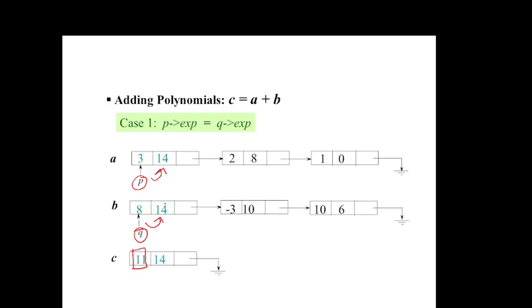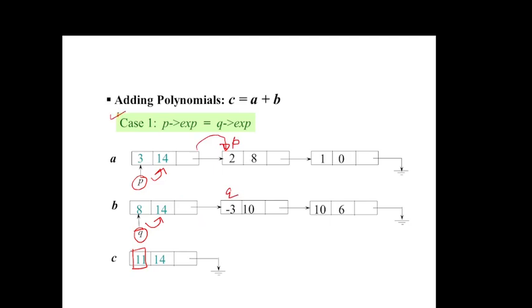Both exponent parts are matching up, so in that case you can add them, and you have a new node holding the added value of the coefficient parts of the first polynomial and the second polynomial, 3 plus 8, 11. Okay, once this is done, p will move to the next node and q will move to the next node. Pointers will come here again.